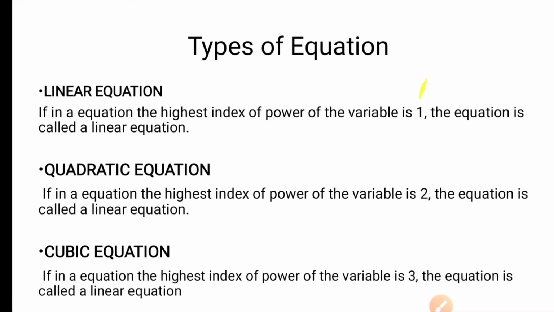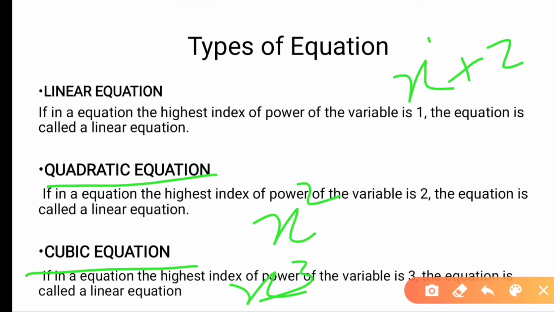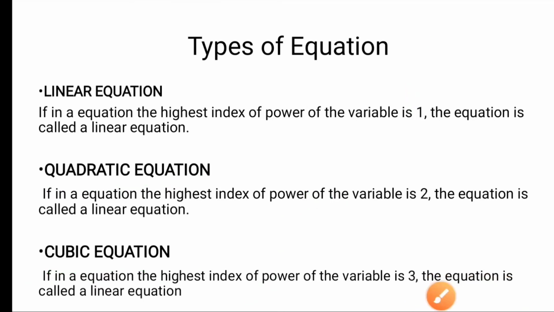If I write x plus 2, here the power of x is 1, so we call it a linear equation. If the power is 2, we call it a quadratic equation, and if the highest power is 3, we call it a cubic equation.